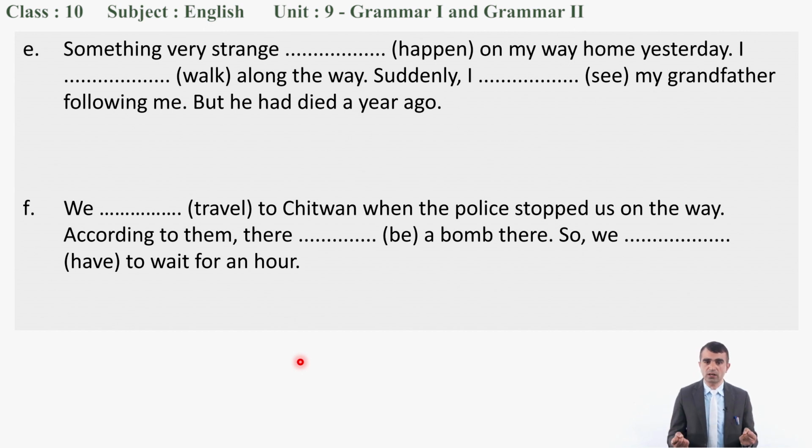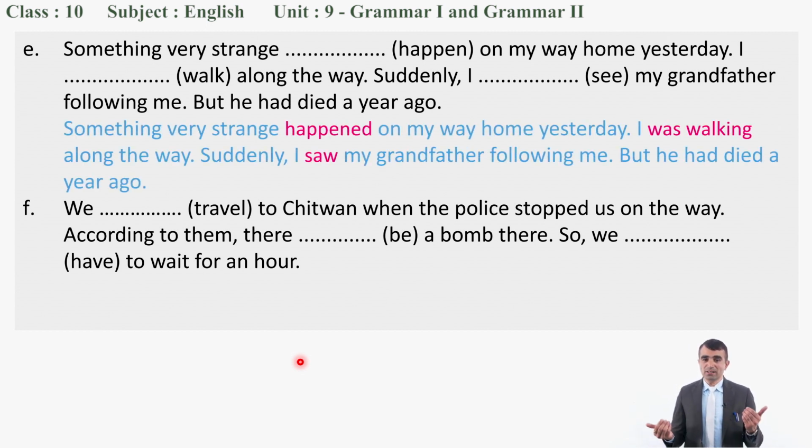I walk along the way. Suddenly, I see my grandfather following me, but he had died a year ago. Try it. Good, you can say. Okay, very good. Something very strange happened on my way home yesterday.